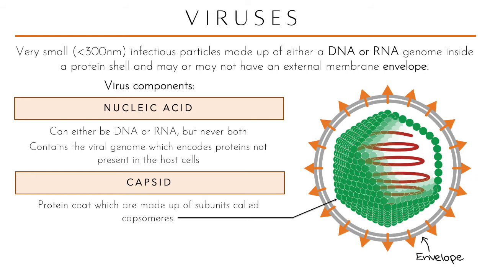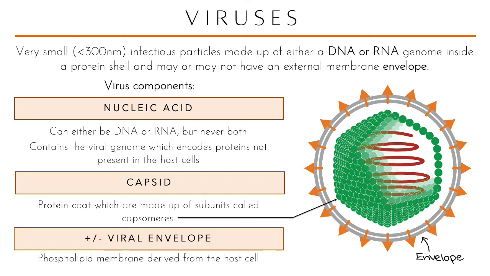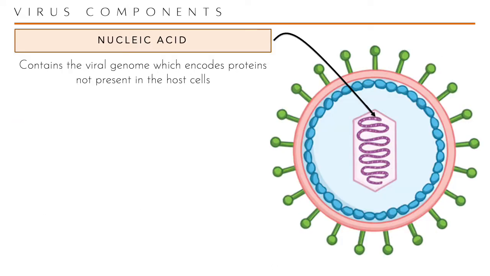And every virus would have a distinct appearance of this capsid. And lastly, a virus can have a viral envelope or not. Now, this envelope is a phospholipid membrane, partially derived from the host cell. So let's get into the details of each component, right?